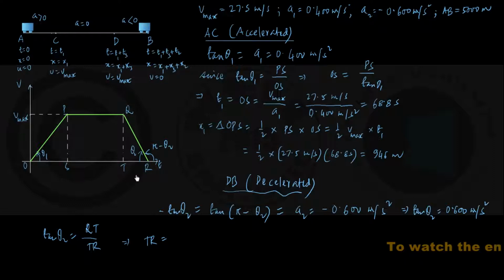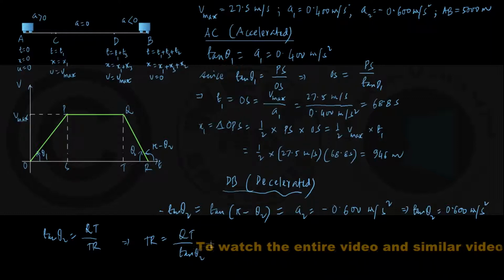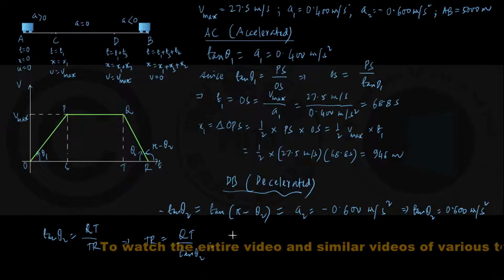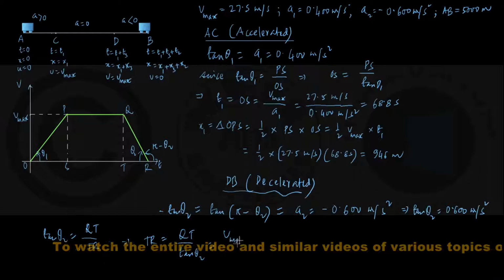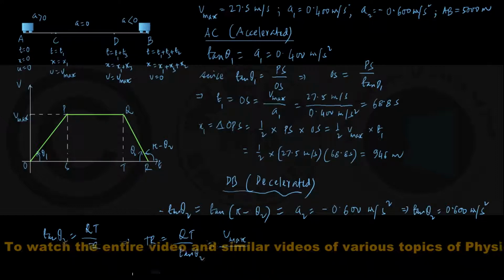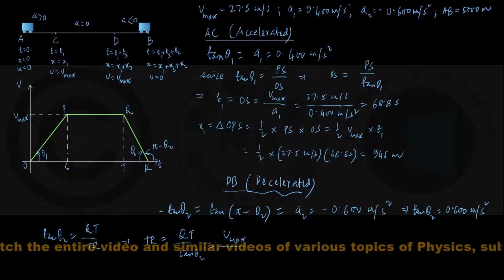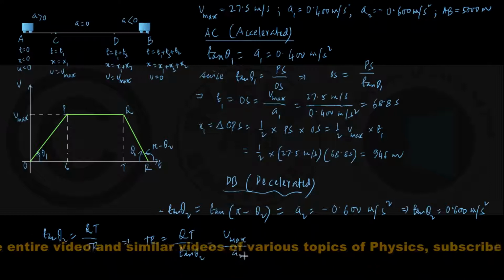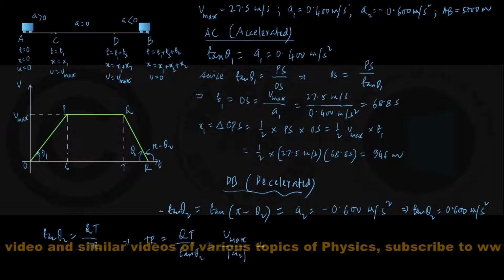So I'm finding out this TR. TR is coming out to be QT divided by tan theta 2. But QT is nothing but Vmax. So it is Vmax divided by tan theta 2. That is the modulus value of the acceleration A2.